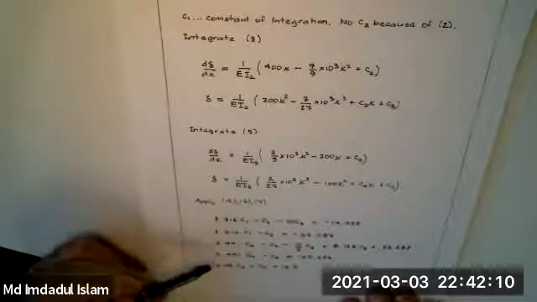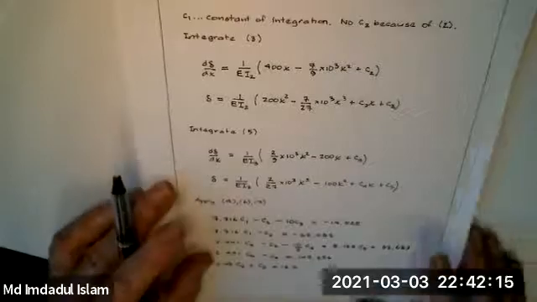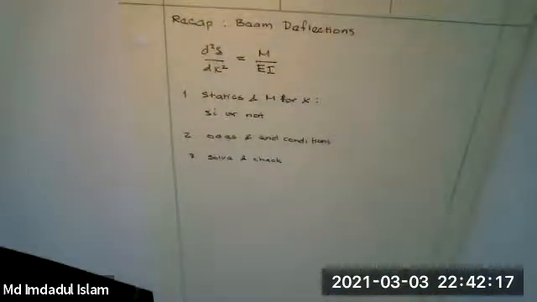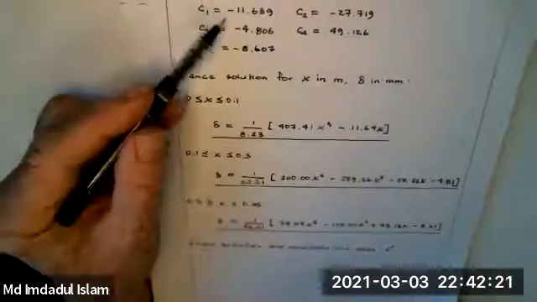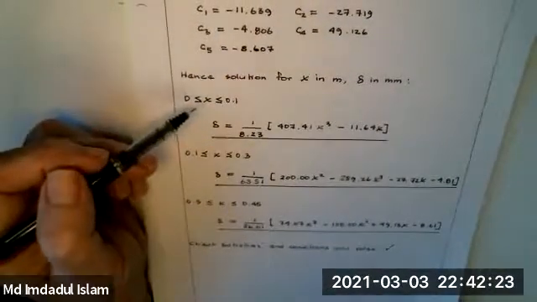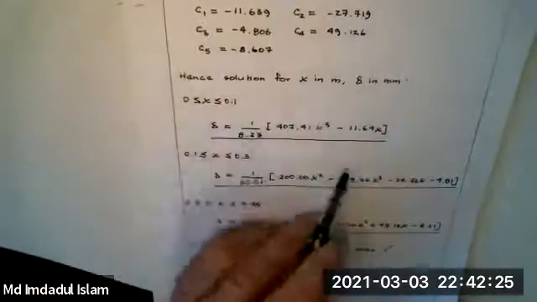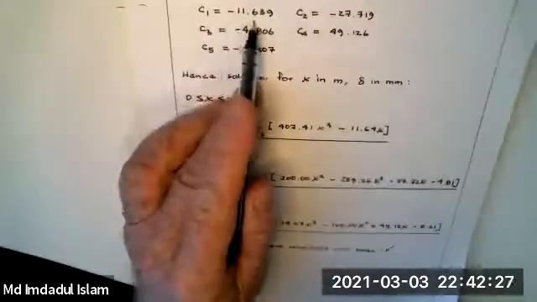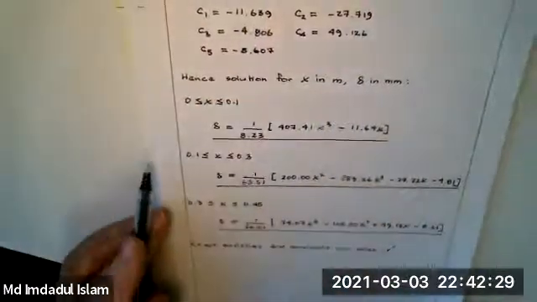I plan to give the answer to 2 decimal places. I'm working an extra decimal place. You solve the system. Here are the answers to 3 decimal places. And then when I put it all together, I just use them. For example, this minus 11.639 is minus 11.64.